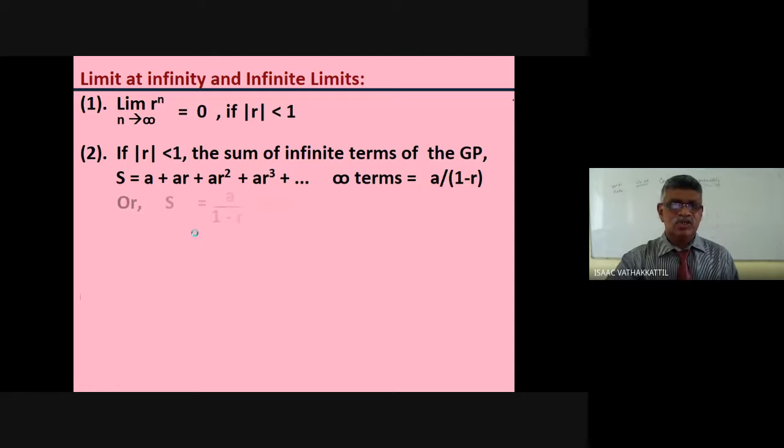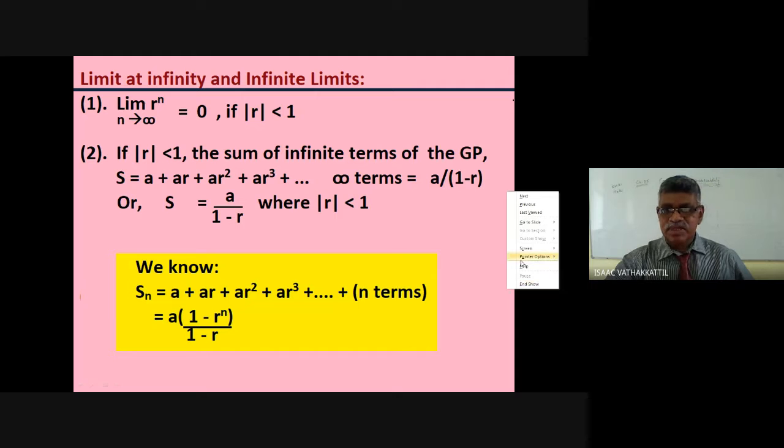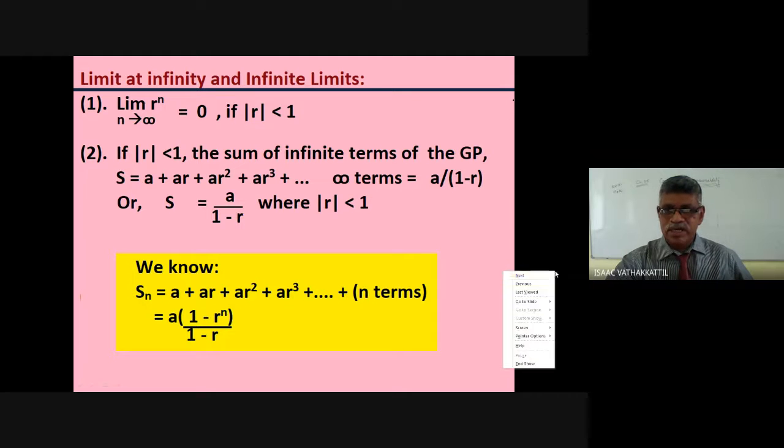How is it? You know the sum of n terms in a GP, a plus ar plus ar squared, etc., n terms. What is that? a into 1 minus r raised to n upon 1 minus r. You know this formula.